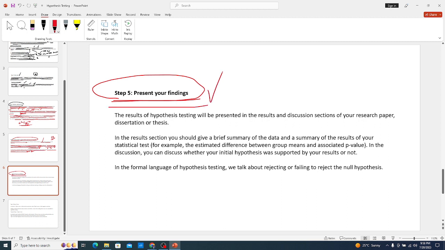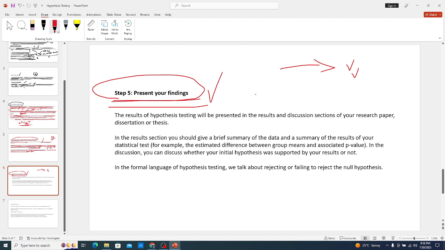Okay, now how do you present your finding? You present your finding by doing the conclusion. You already have decided to either reject or fail to reject the null hypothesis. So now you will have to make your conclusion.